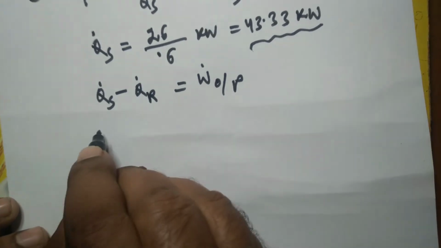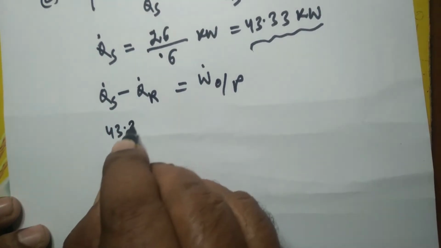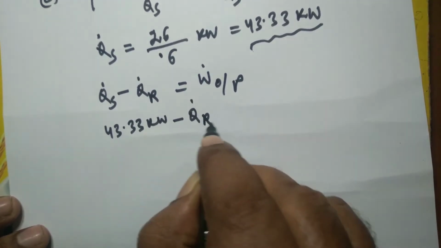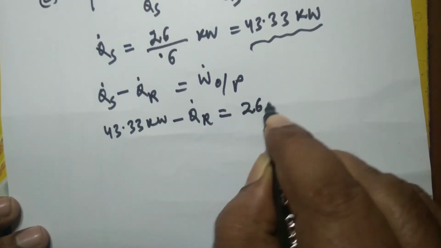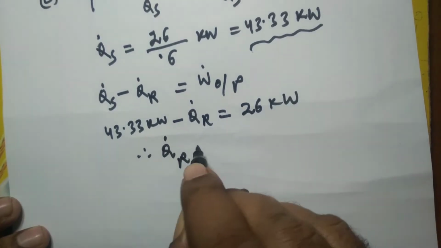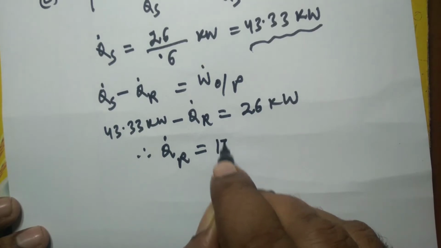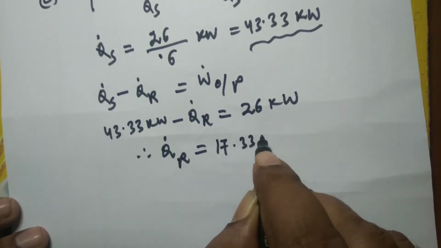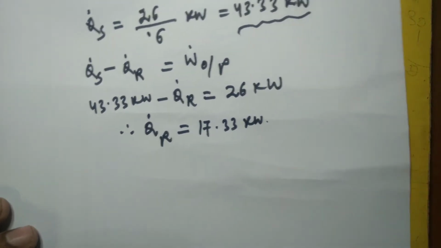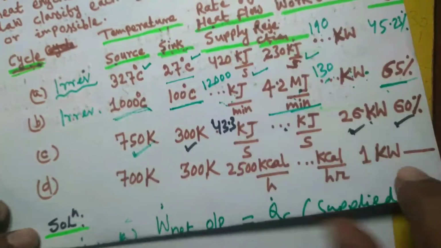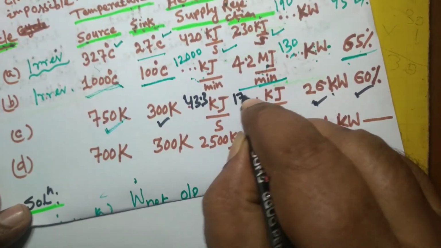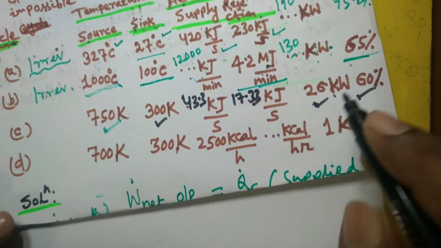So 43.33 kilowatt minus Q dot R is equal to 26 kilowatt. So Q dot R is equal to 17.33 kilowatt, and then everything is filled up.